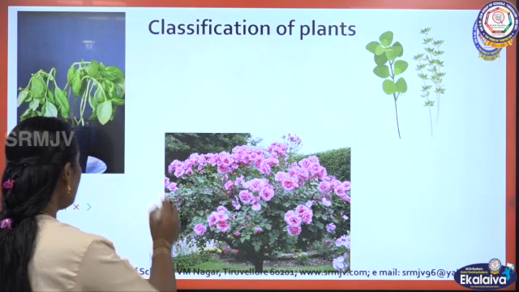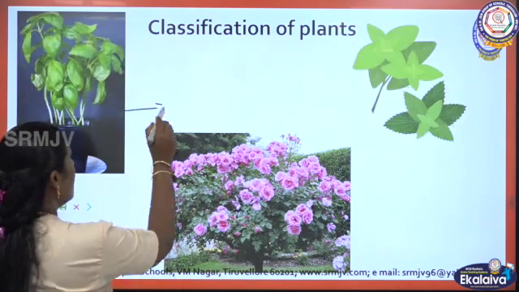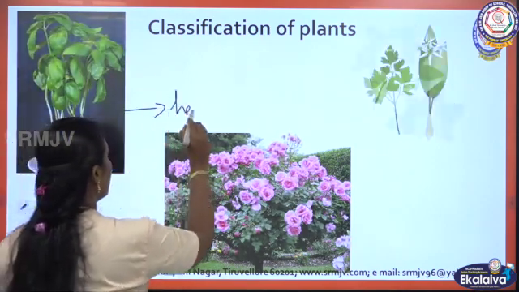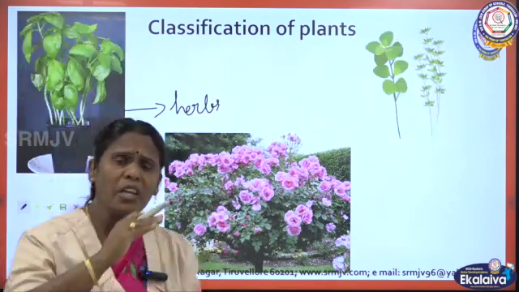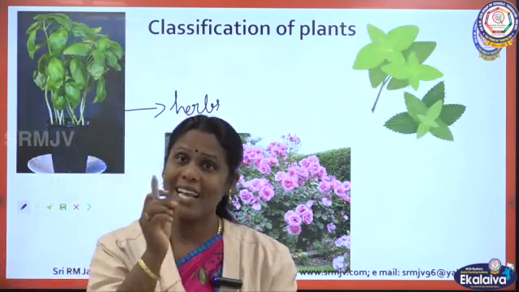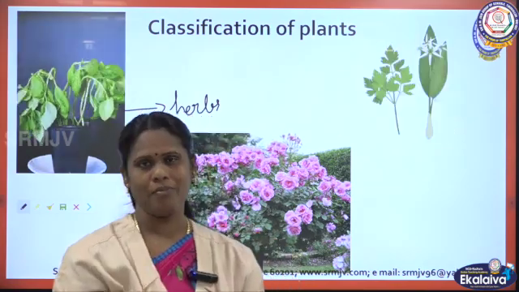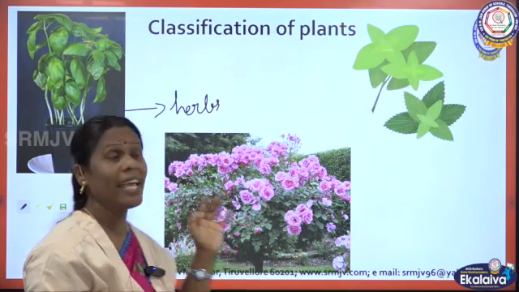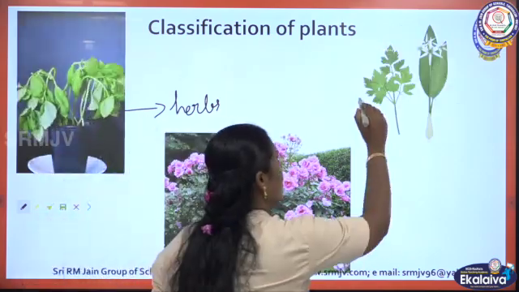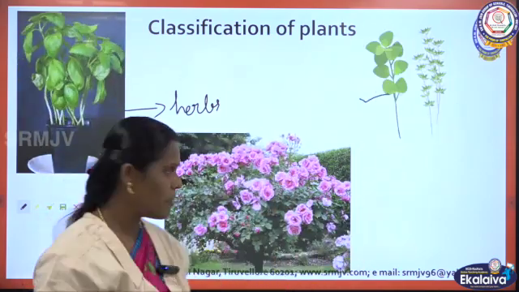See, this is a herb. Herbs are very small. They have a thin stem. Coriander and mint are examples of herbs, right?